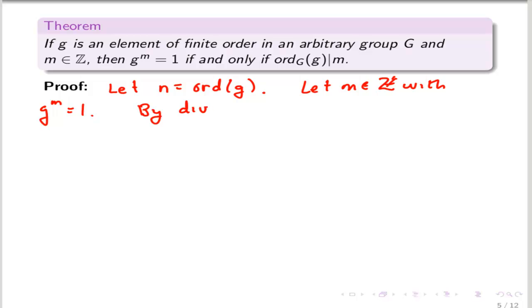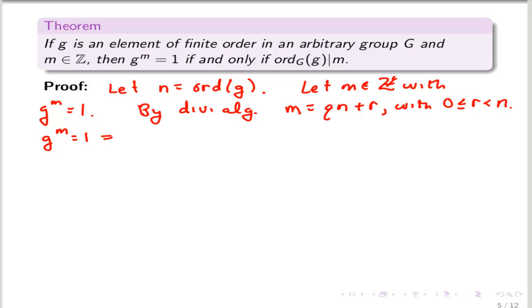So by division algorithm, m is qn plus r, where r is an integer between 0 and n. Okay, and g to the m equaling 1 would imply that g to the qn plus r equals 1.